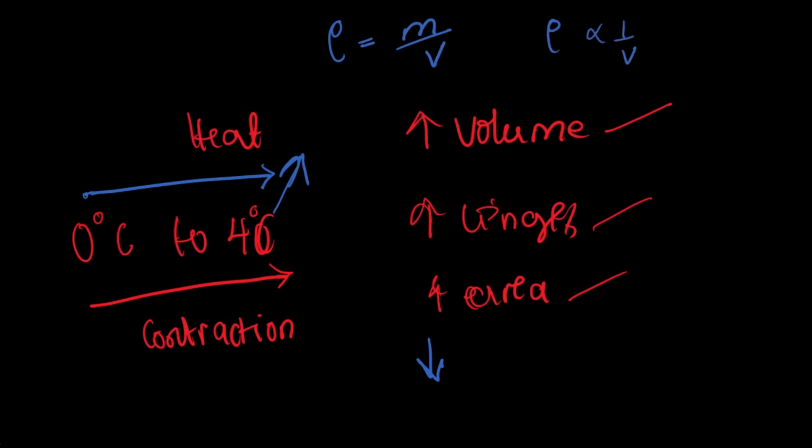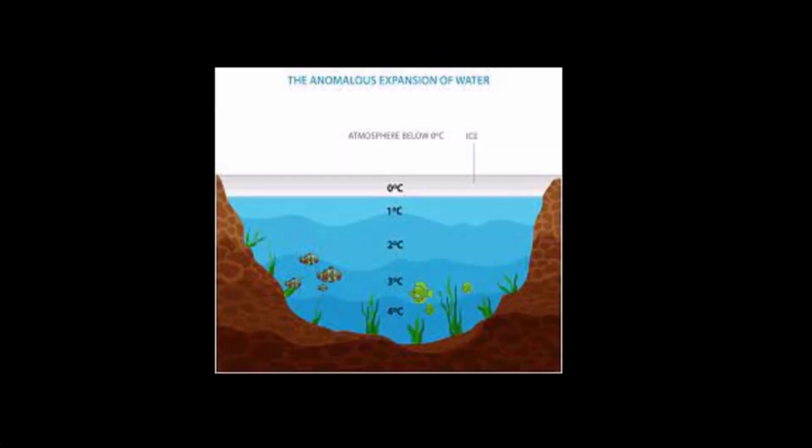From this expression, we can see that density is inversely proportional to volume. So a decrease in volume leads to an increase in density. And because water has its lowest volume at 4 degrees Celsius, it means that it has its highest density at this temperature. Now, this is of importance in aquatic life because it means that water actually doesn't solidify throughout.